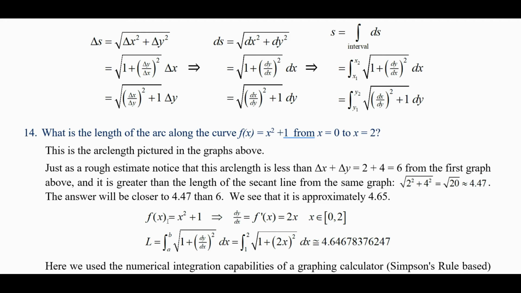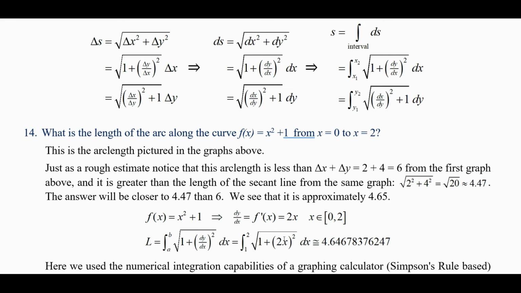So here's what we do. F of x is x squared plus 1. dy over dx is the derivative of that, which is just 2x. And we're going from 0 to 2. So the arc length, L or S, is given by this thing that we just set up here.